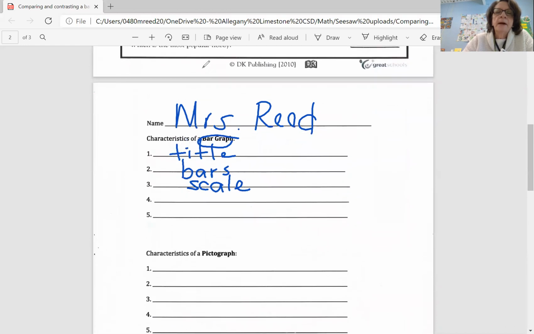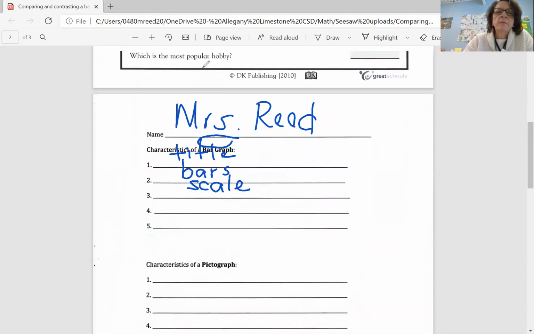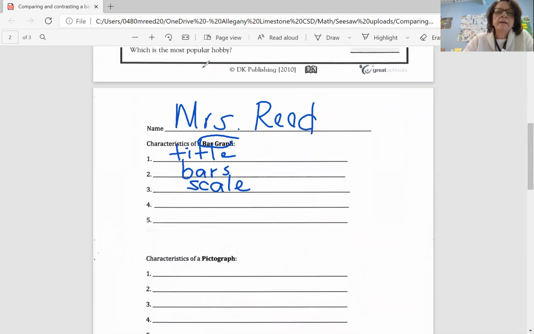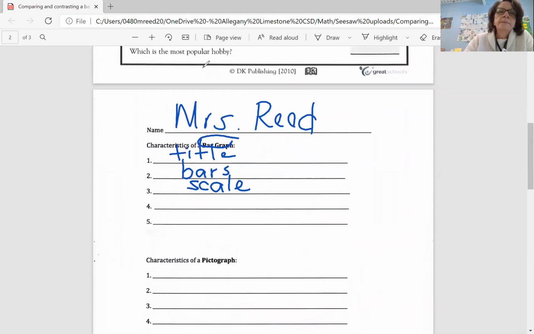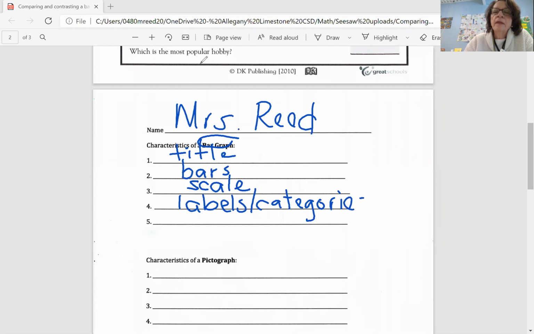So we got title, bars, scale, and then our next one will be labels / categories. And again, that was number of children. And then it was all the different categories like farm, theme park, camp, all those different categories.